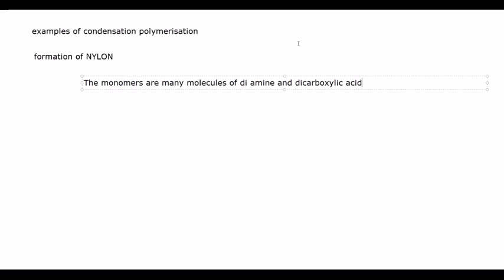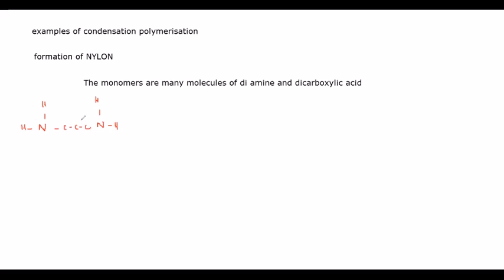What does it mean? In the term diamine, di means two, and amine means the NH2 group is there. So when we draw the structure of a diamine molecule, amine means NH2, so N, H, H, and between them, as di means two, there is also N, H, H, and between them there are many carbon atoms.